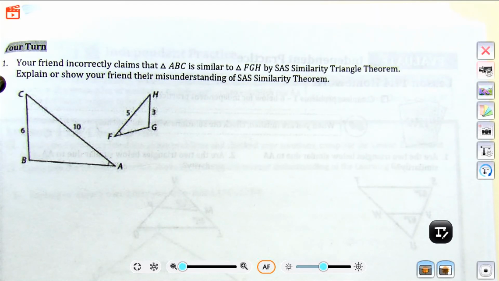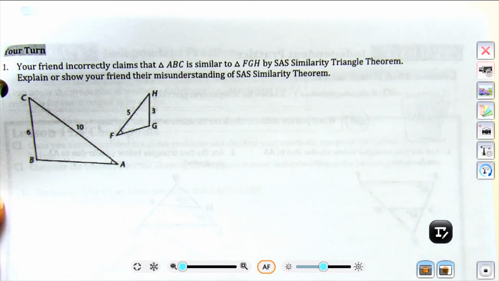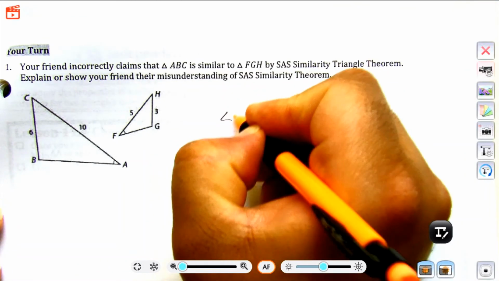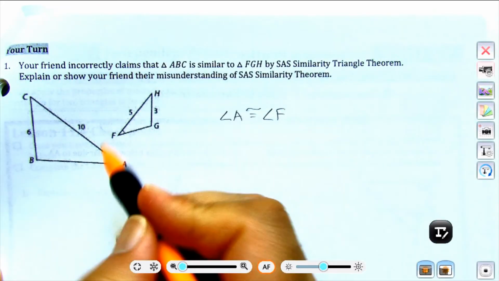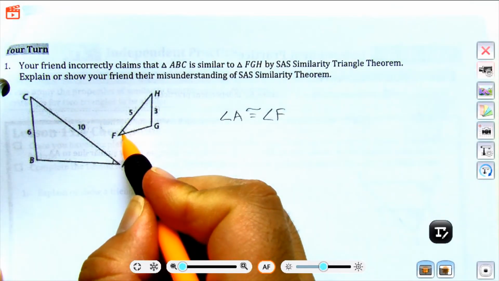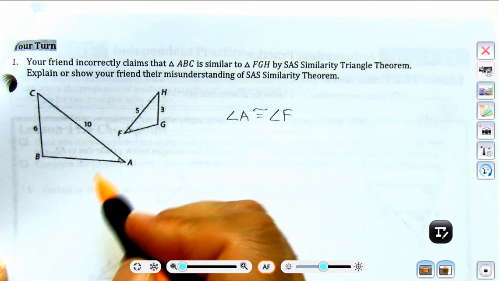So if we look at this figure, we have some sides and then we have some angles. Now let's write what we know. We know that angle A is congruent to angle F because they tell us here angle F and A are congruent. Now let's look at the sides.